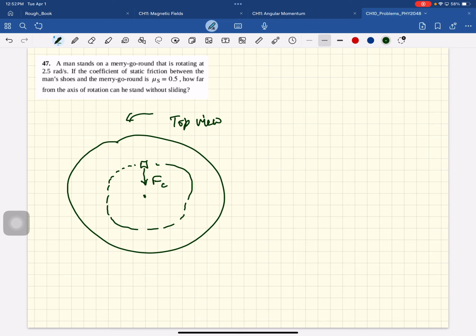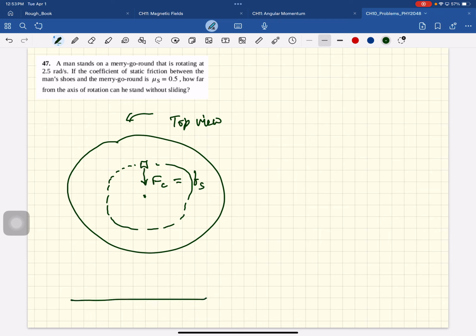And where is the centripetal force coming from? The static friction force between his shoe and the floor. So for instance, if the merry-go-round was made of ice, and you were wearing skates, if you spin it, then you'll just fly away straight if there was no friction. So the friction force provides that.